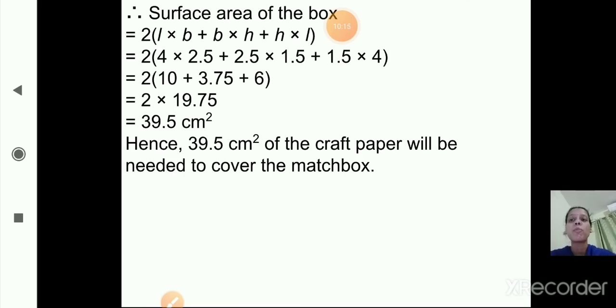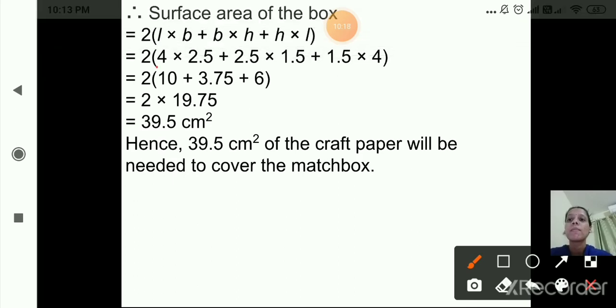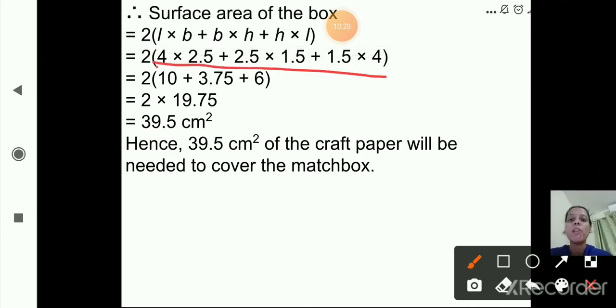After putting the values we will do the multiplication. 4 multiplied by 2.5 is 10. 2.5 multiplied by 1.5 is 3.75 and 1.5 multiplied by 4 is 6. After writing all this, we will add this. 10 plus 3.75 plus 6, the answer is 19.75, and outside the brackets there is 2, right?